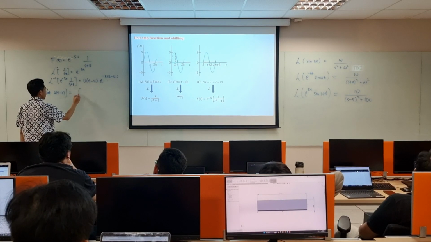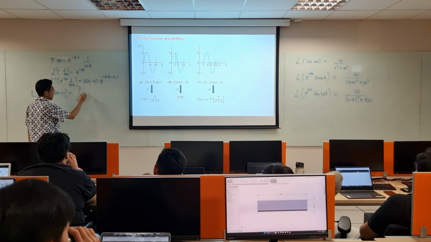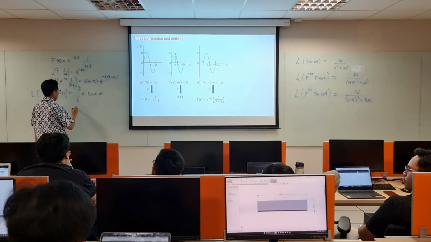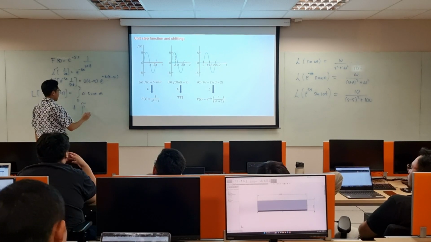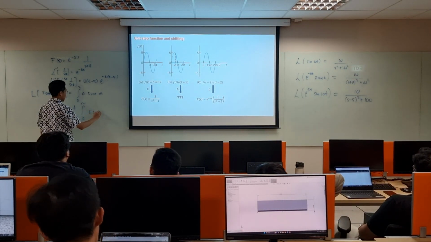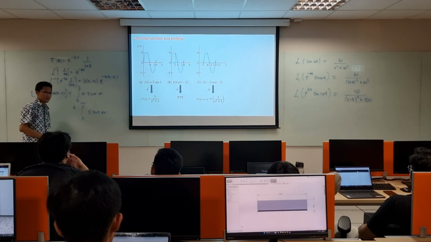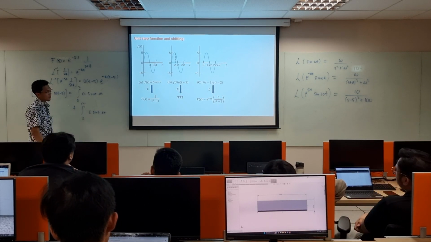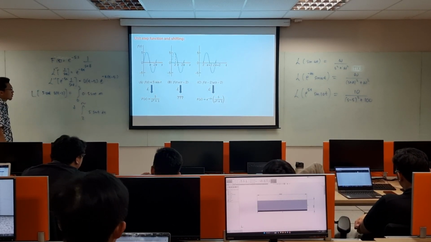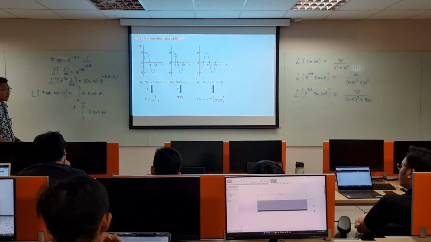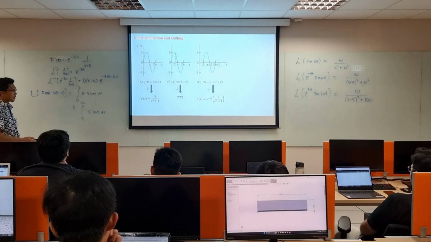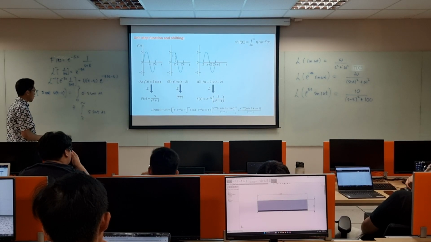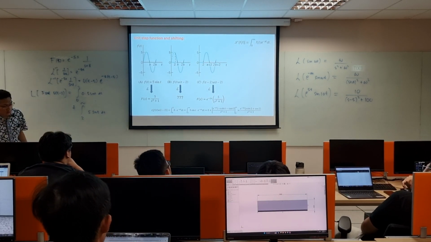You integrate from 0 to 2, which is 0, 0 times 5 sine t, and then plus from 2 to infinity of 5 sine t dt. And this Laplace transform only applies for s greater than 2, because there's a shift. So I show you here the result. Sorry, I have to use the exponential here.